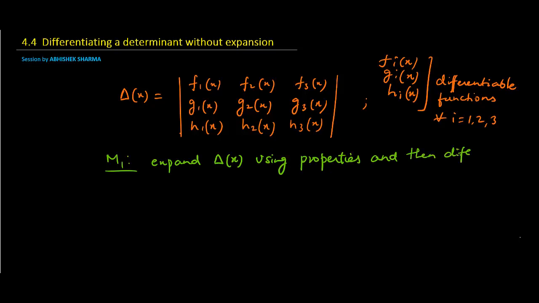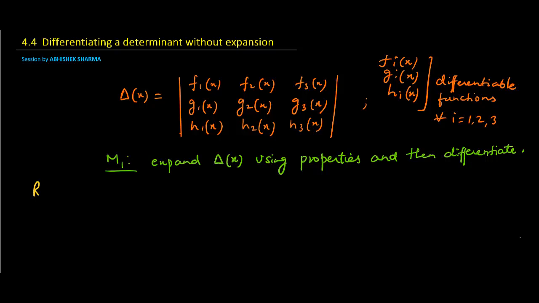This is one approach. But then we are interested in something else. We are actually going to look at something more significant, and that is how do we differentiate a determinant without expanding it.